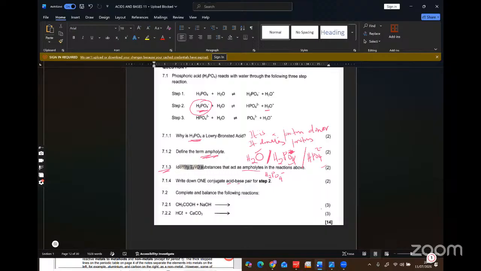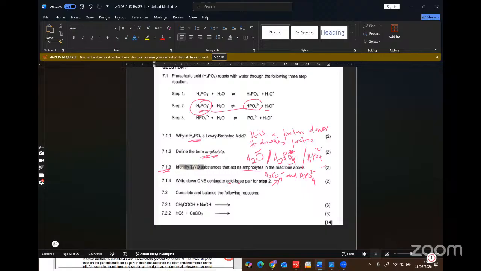It means that when you remove that hydrogen, whatever was left is its conjugate base. So this is the conjugate base, HPO4 2 minus. So that is for this one.